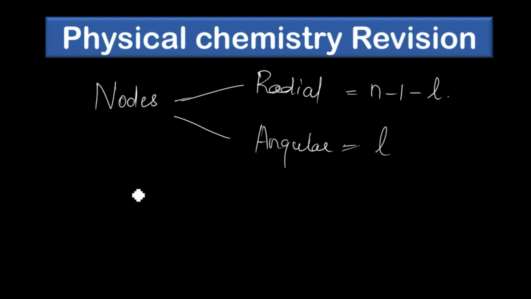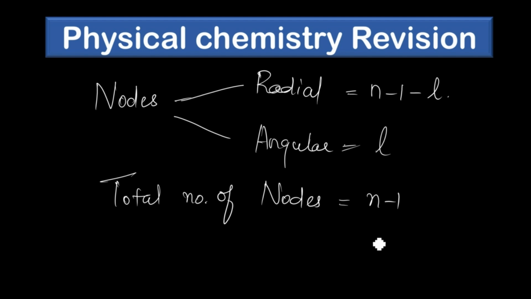Some questions can be asked on finding the total number of nodes. You have to add these. While adding, L will get cancelled out, and the remaining n minus 1 is your total number of nodes.